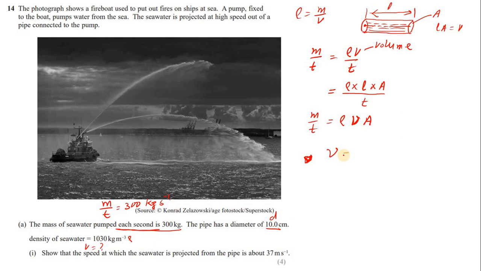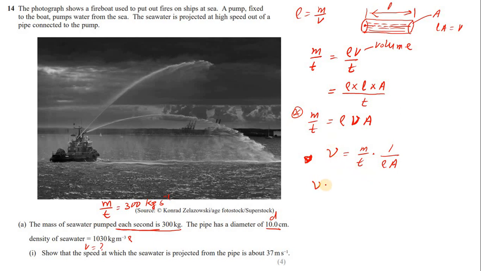So v is equal to M upon T into 1 upon rho into area. All these workings, it is not required to show. If you already have the concept, you can start your working from this step, but it's your choice.